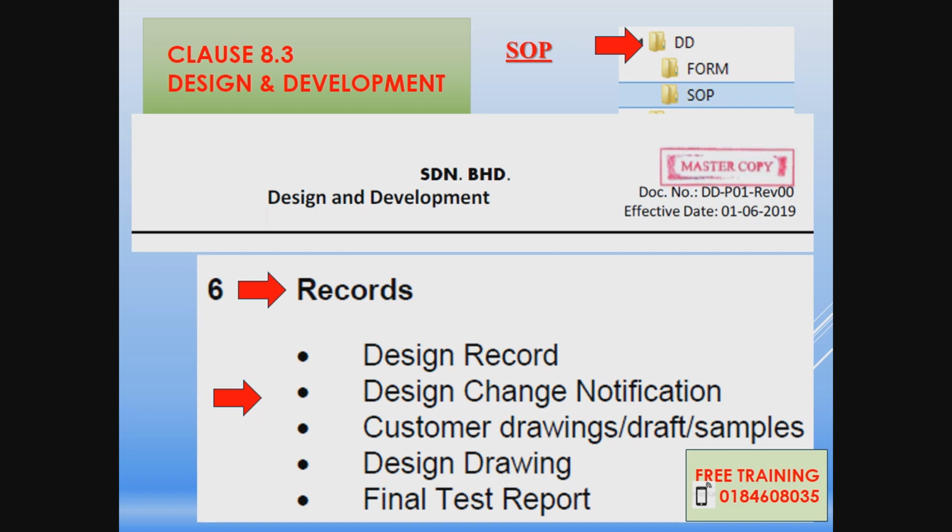Then the customer drawing or your own drawing, draft or sample, you have to prove with the design drawing as a design output. Then your final test report, either an option report or customer test report, proves that the validation is completed.